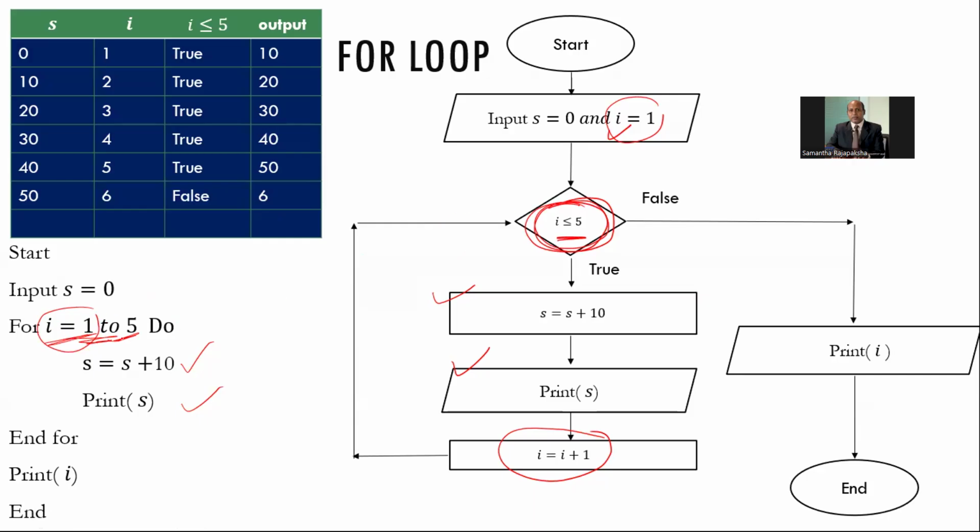The last one is the incrementation. I should be incremented by 1. So that's what you write here. This is also not given. So you have to identify those two. Other tasks are same. Like tracing this one, creating the table, and getting the output will be same as the others. But drawing the flowchart is the very important thing.